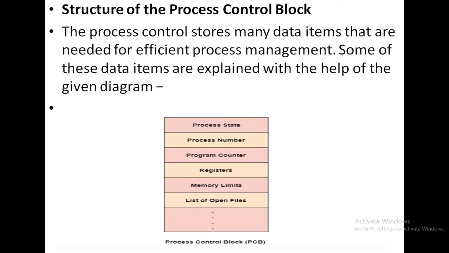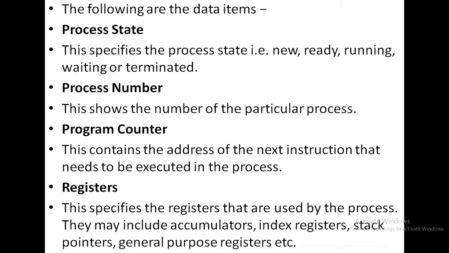So first we are going for process state. So what is the process state? It specifies the process state, that is new, ready, running, waiting, or terminated. That means in our process state transition diagram, we covered the new state, ready state, running state, waiting state, and terminated state.